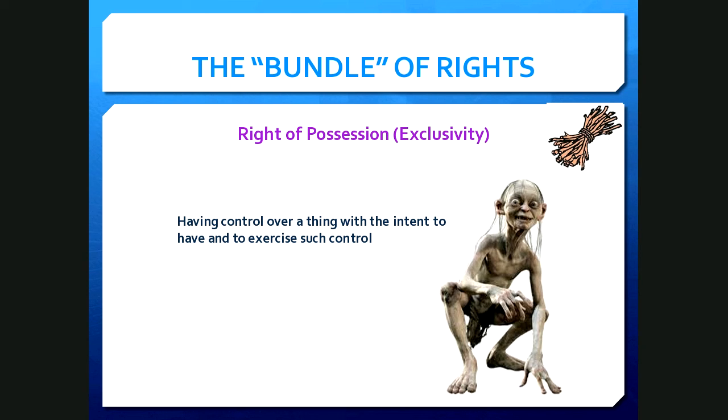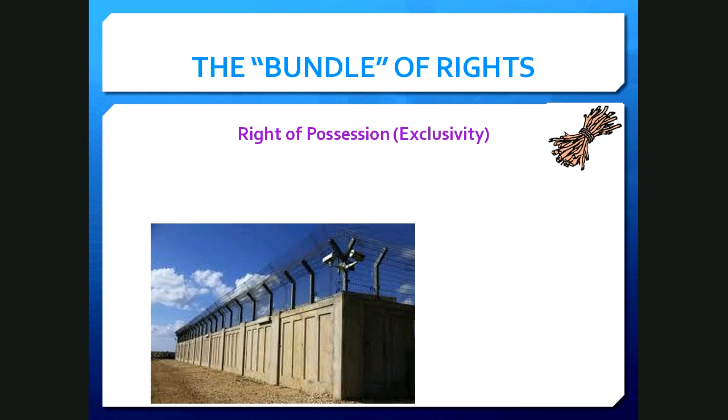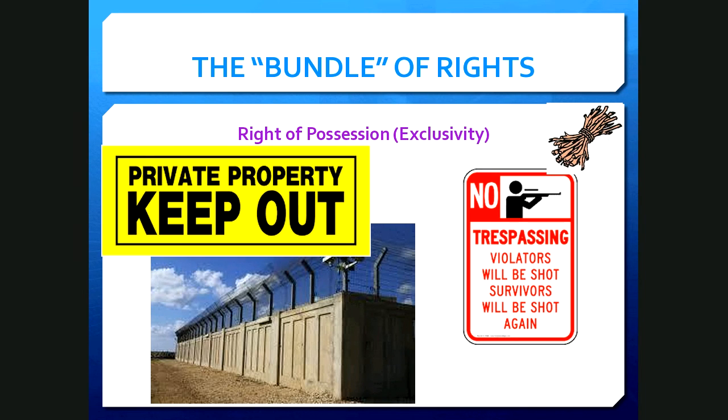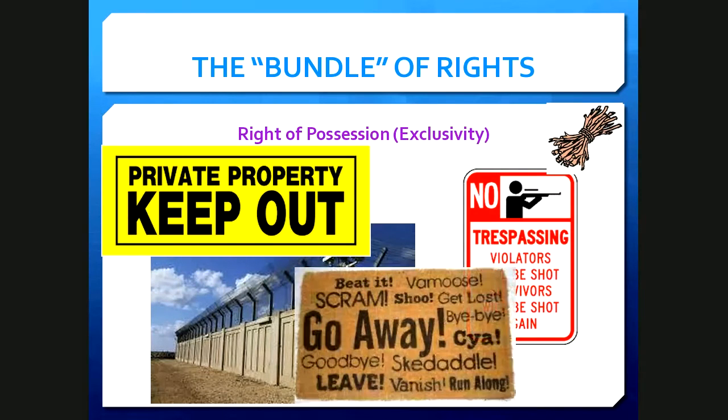So the way we possess real property is by putting up fences to keep other people out, or maybe signs that tell others to go away. And if you're not as aggressive, maybe just put a cute little welcome mat that tells people you don't like company. So that is the right of possession, is to have it, to be there yourself, and to have others not be there if you choose to not have others there.